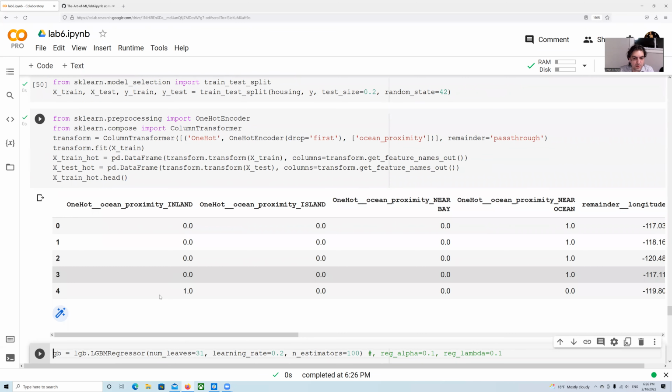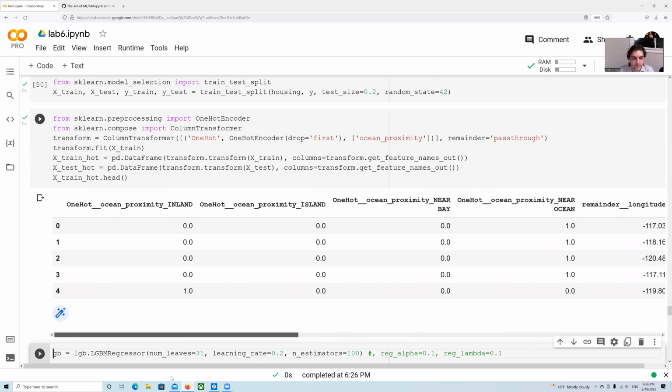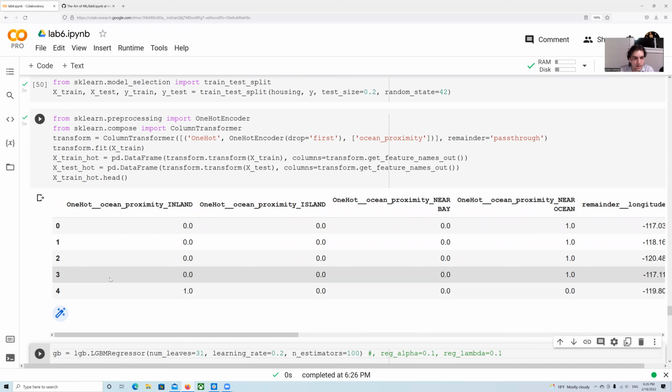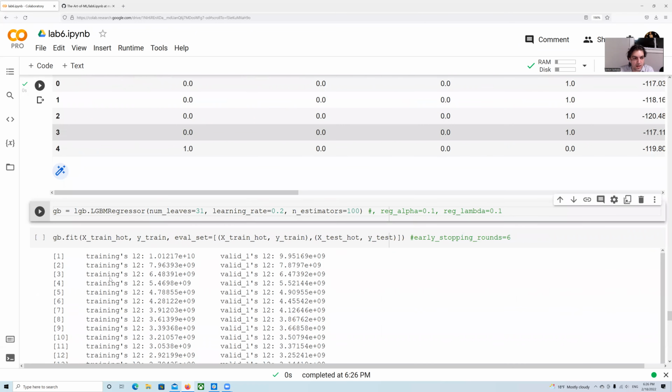So after one-hot encoding, we have this. And you remember, for trees, we don't need to scale.